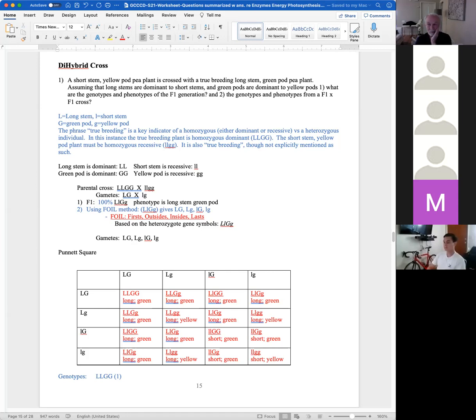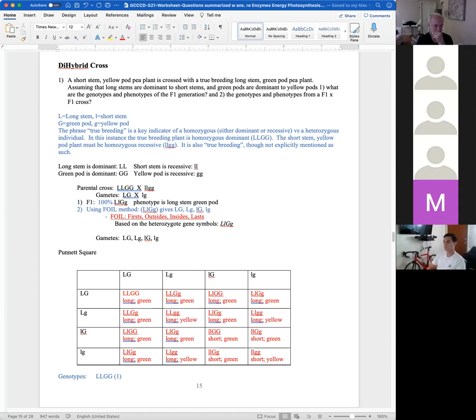In order to figure out what the F1s would look like, we must first figure out what the parents are. Then we can determine what kind of gametes are available, which we'll cover here, but it also comes up in the second question. So we know that one parent is short-stemmed with yellow pea pods, and neither of those traits is dominant.